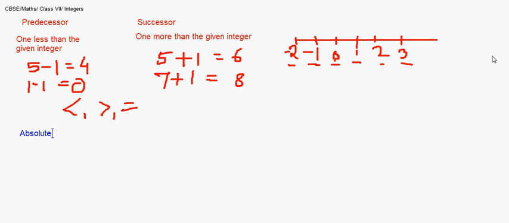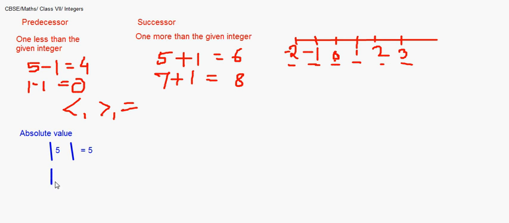The absolute value of a given integer is always the numerical value, irrespective of the sign it carries, and the symbol is this. If I am given like this, and within this an integer is written, which is 5, the absolute value of 5 will remain 5, because that is the numerical value of 5.